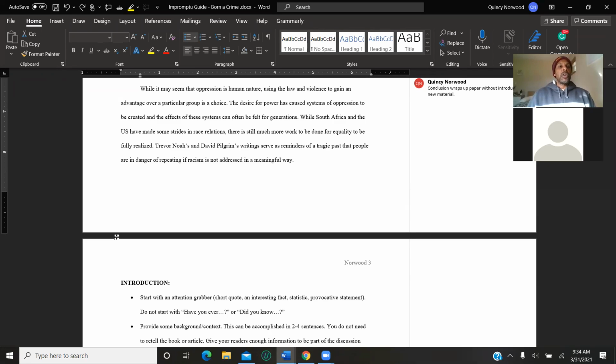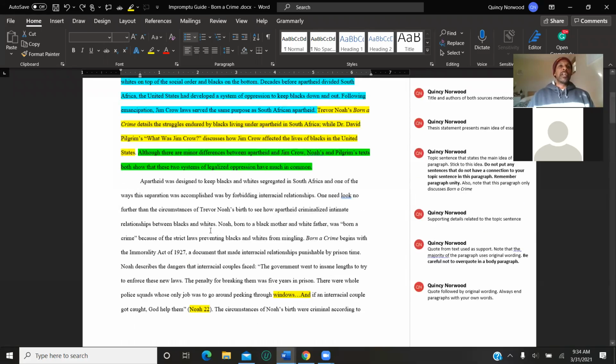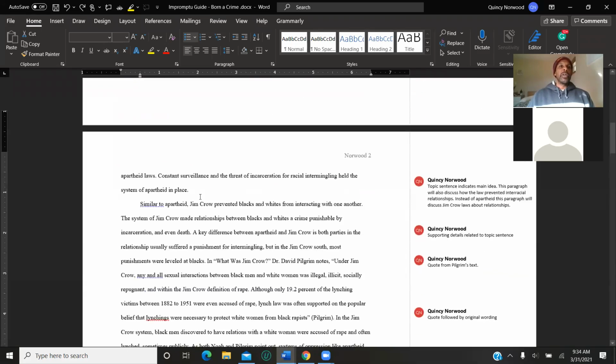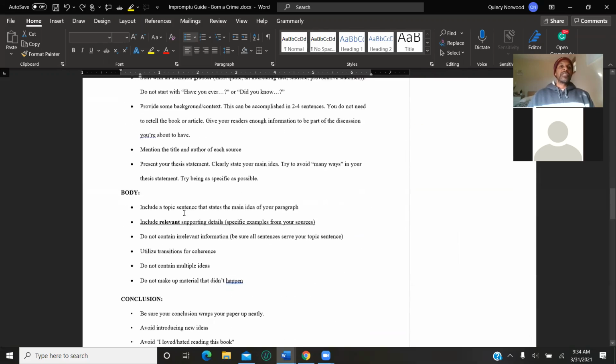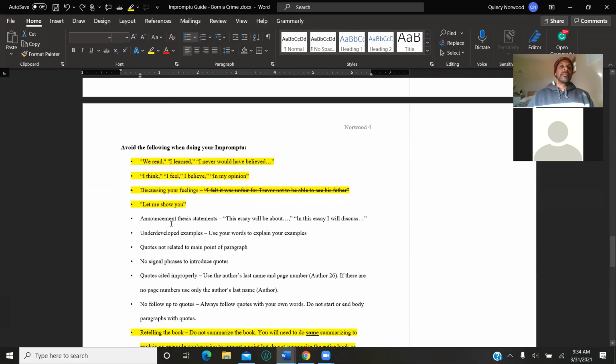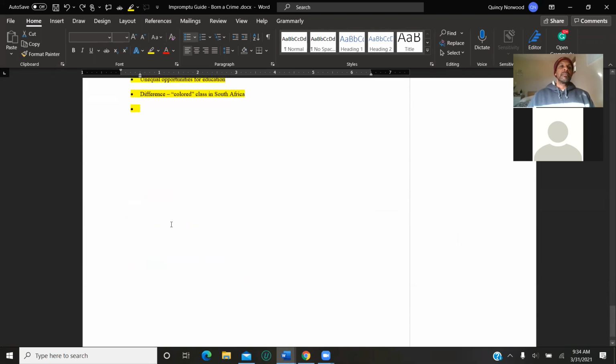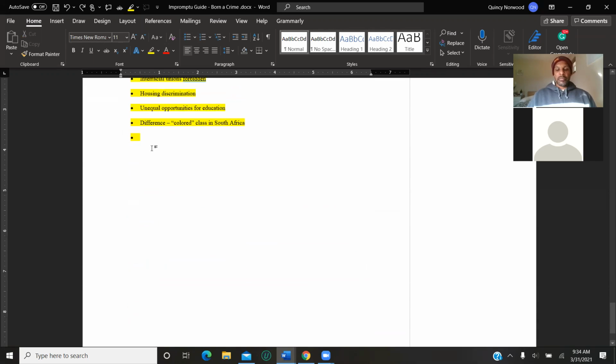All right. So if we have these two paragraphs about interracial unions, when we start our next section, we're going back to apartheid now.